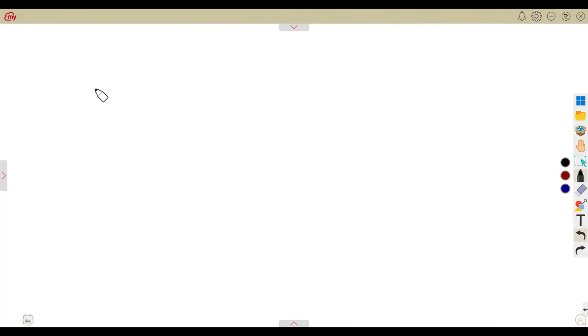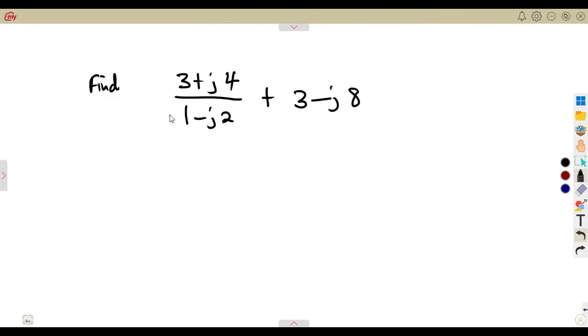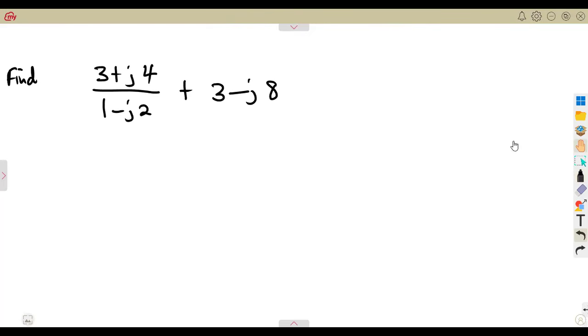Let's say, for an example, you are given to evaluate 3 plus J4, everything over 1 minus J2, plus 3 minus J8. Remember when you're doing your mathematics, you had a condition whereby whenever you've got something of this nature, you can simply think of the complex conjugate.